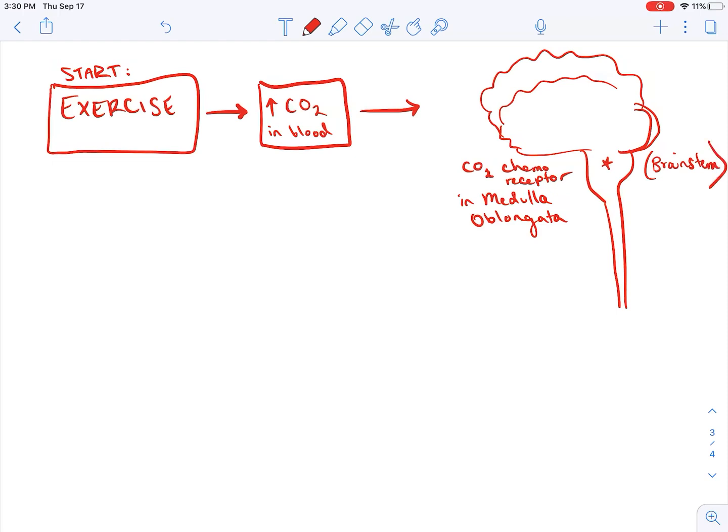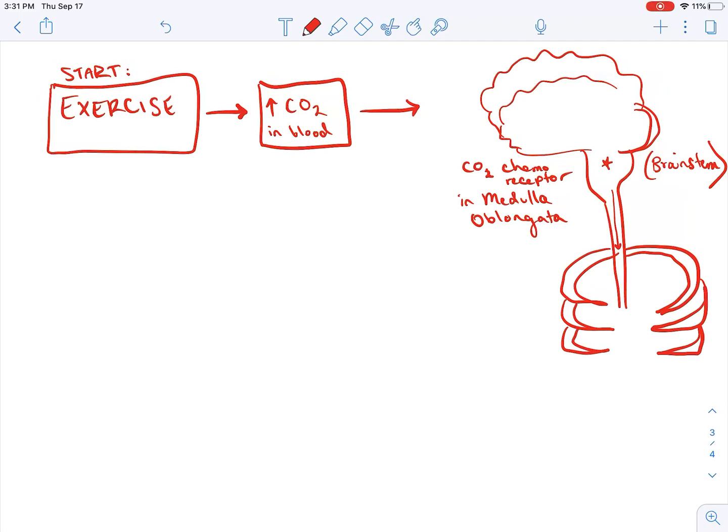Okay, and so once that senses that there's too much CO2 in the blood, it's going to send an impulse down the spinal cord and to your rib cage, so your intercostal muscles can be doing faster breathing movements, and also to your diaphragm to help with those breathing movements.